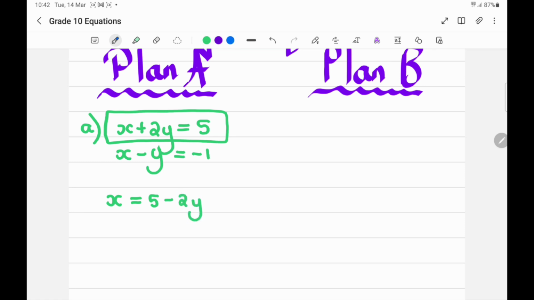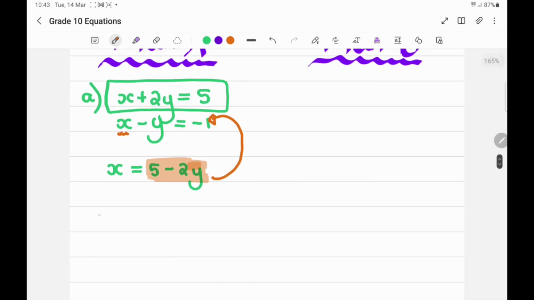We've got x is equal to 5 minus 2y. So you're going to take that and replace it within the other equation's x value. All right. So there where x is, we're going to have 5 minus 2y.